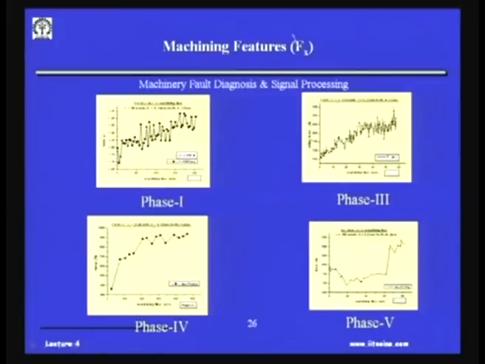And then in this condition we try to monitor the machining features being affected for different conditions of the machining time, and how for different conditions these forces vary. Cutting force as a function of time for all the different conditions, and these are actually estimated by the neural network.